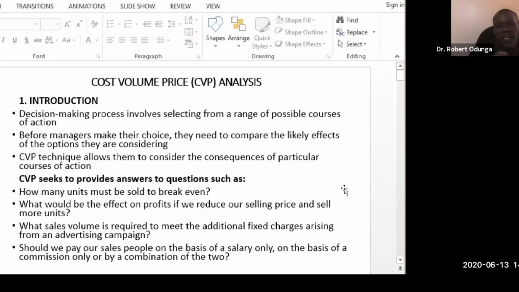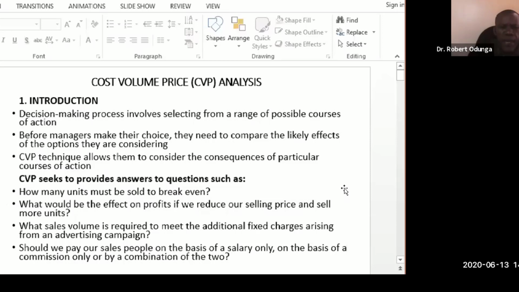So the cost increasing, it means you need also to know the difference between the cost increment and the revenue that you need to generate for you to cover up these fixed costs. So these are some of the questions that help managers in application of this CVP analysis approach.